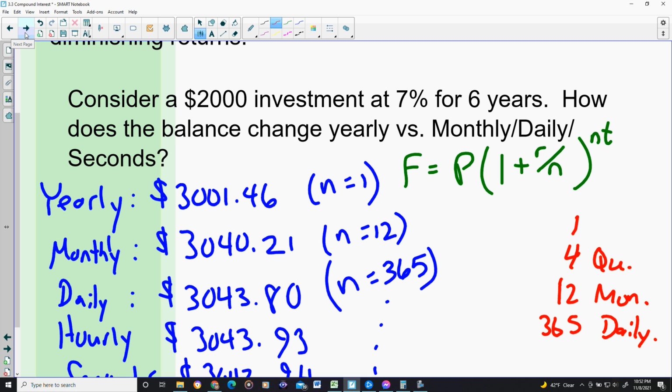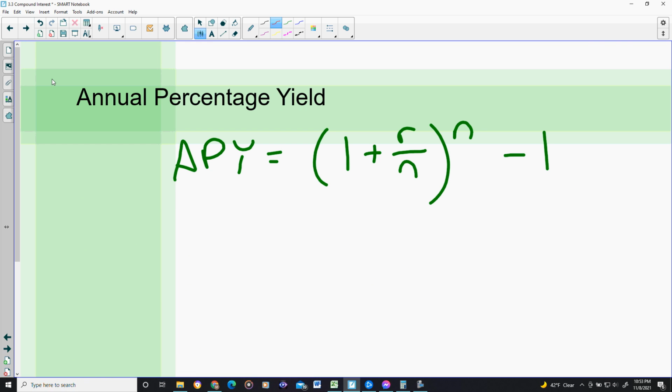Those are the ones you're most likely to see. There's some other uncommon ones, weekly, bi-weekly, where bi-weekly n would be 26. And there's some other ones like that, but we're not going to really do those too much.